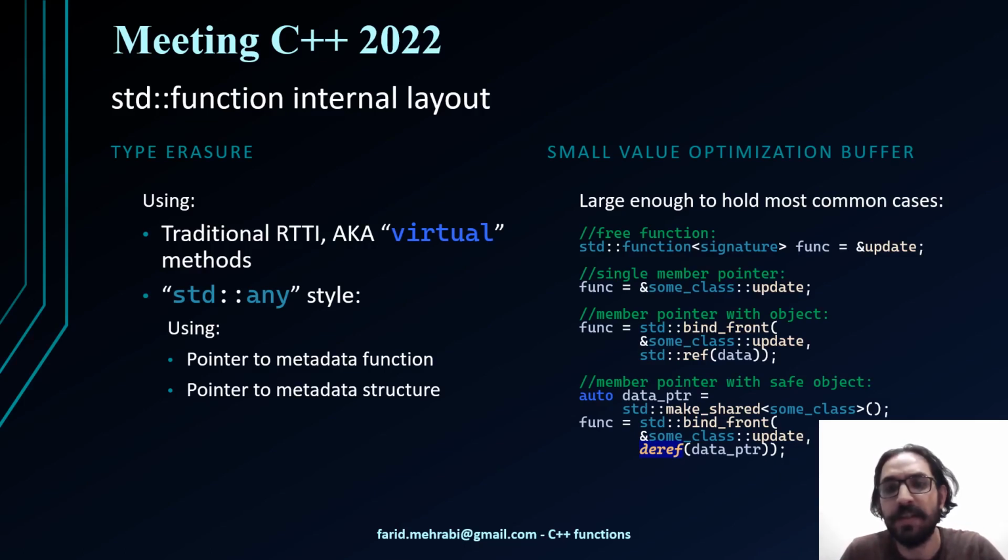We don't have the deref function in the standard library. The deref function is a function that I wish I had in my library tools to bind a smart pointer to a function or a member function, because we sometimes need to worry about the lifetime of the object we bind to the function.